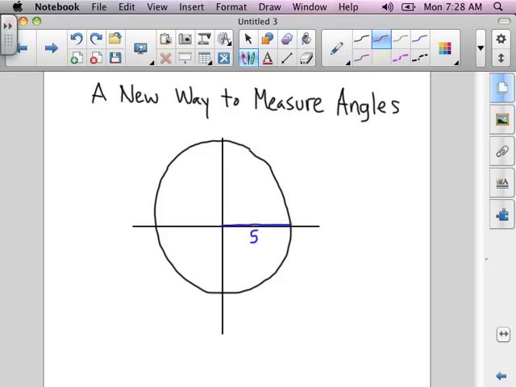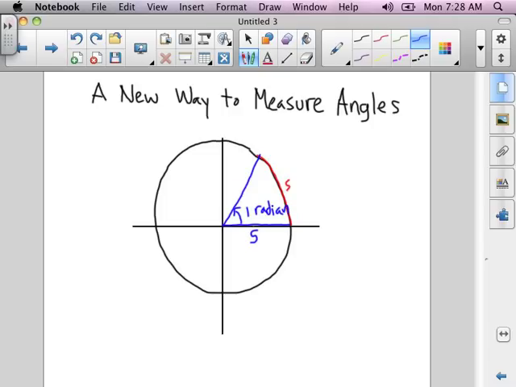Picture if I took this piece right here, and maybe that piece also has an arc length of 5. So if this piece is 5, that means whatever angle it takes to get from here to here is 1 radian, because the red piece on the outside is the same as my radius.